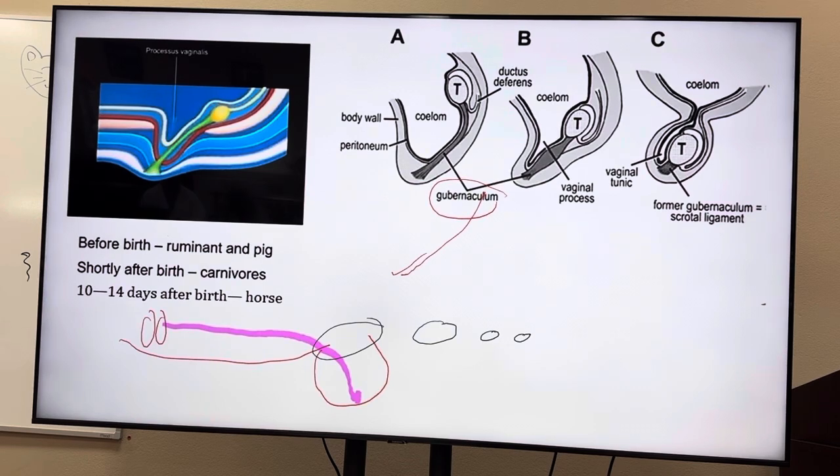If the testicles fail to descend into the scrotum, if there is a delay in their arrival, then they become retained within the abdominal cavity, and this leads to the condition called cryptorchidism.